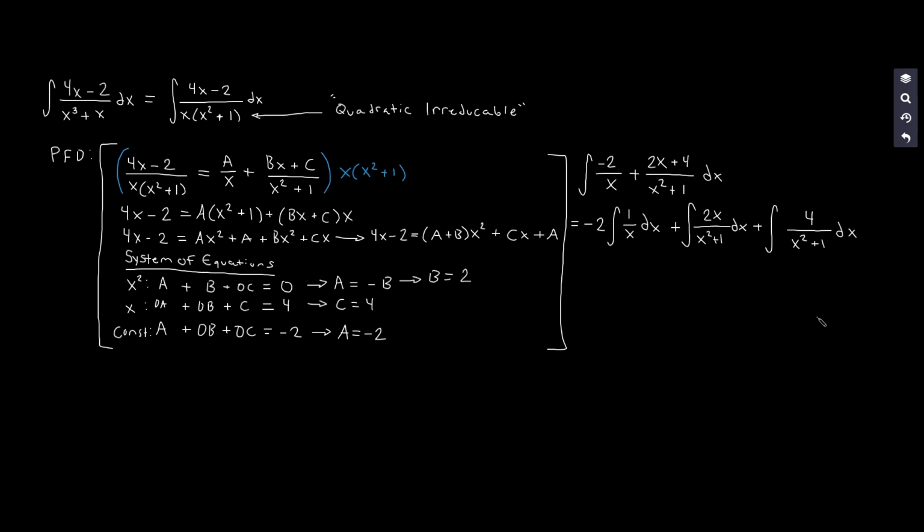Okay, so I look at this one and I'm like, okay, this is gonna be like a natural logarithm, -2 natural logarithm of the absolute value of x. Like we already know that. But for this one, I think this one is a u substitution because if I took the derivative of the denominator, that's gonna be 2x, and that's in the numerator.